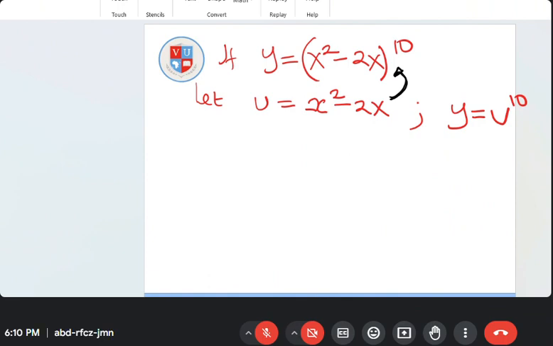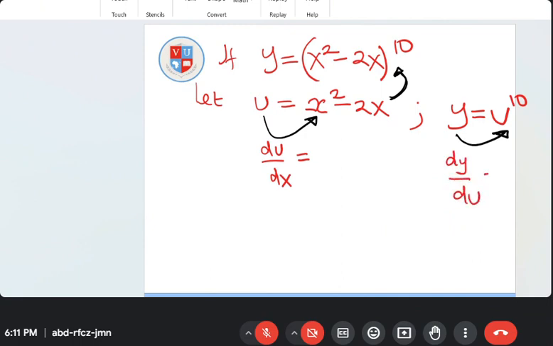Yes, sir. Now, according to the chain rule, or even before we get there, we realize that u is in terms of x, meaning we can get du/dx. Here y is in terms of u, meaning we can get dy/du.